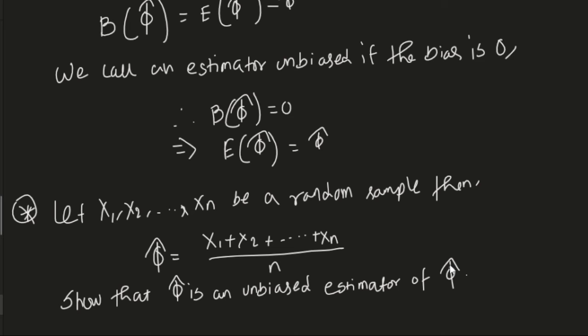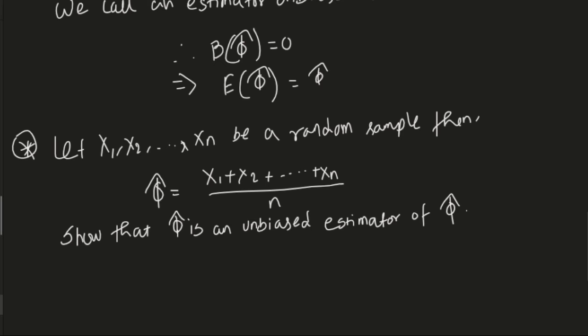That is the question, we need to show that the estimator is an unbiased estimator of theta, which equals E of Xi. The parameter is theta, which equals E of Xi for every i, right? So how do we show that?